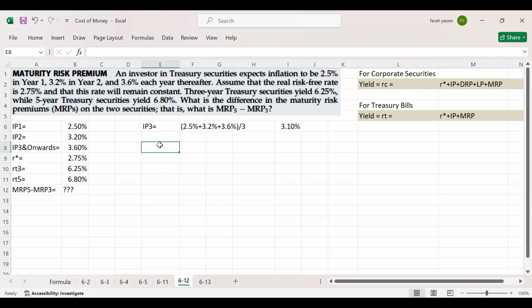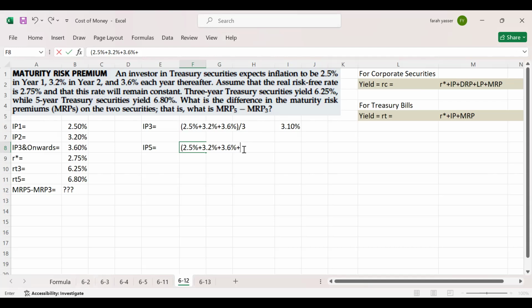And similarly, we will calculate IP5 for 5 years average inflation. First year inflation would be 2.5%. Second year inflation would be 3.2%. And third year inflation is 3.6%. And from 3 years onward, the inflation is 3.6. Here it is written that it is 3.6 each year thereafter.